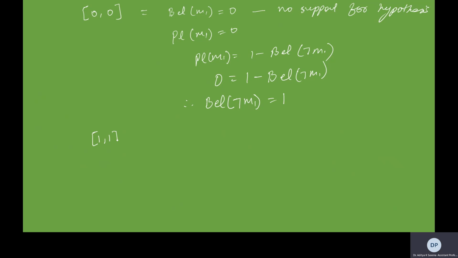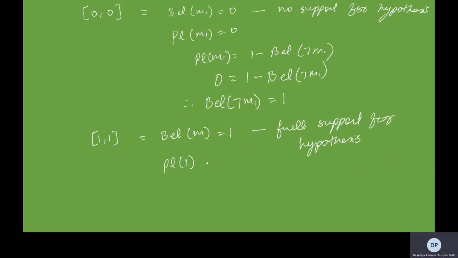Same thing: if the interval is 1 comma 1, what does it mean? Belief in the hypothesis is 1. It means full support for the hypothesis. And plausibility is 1.